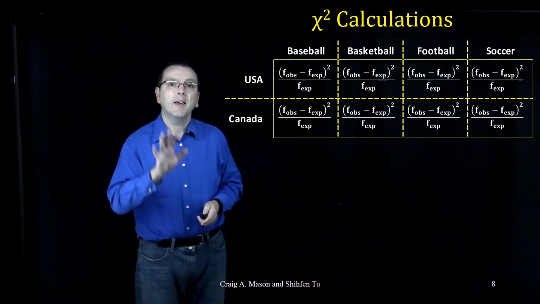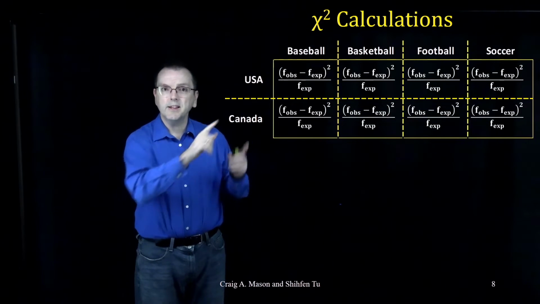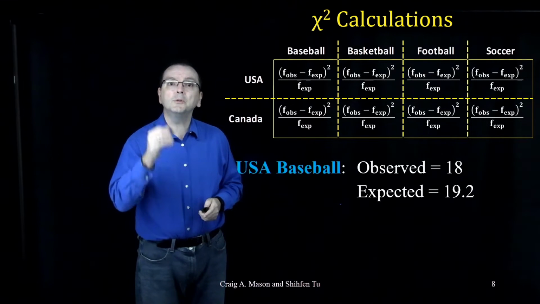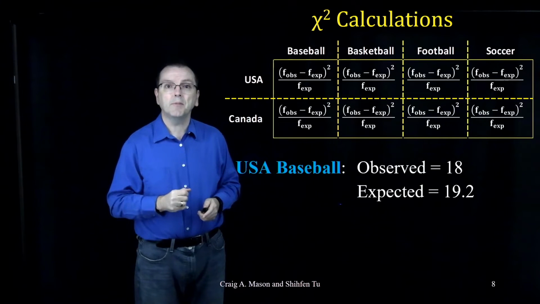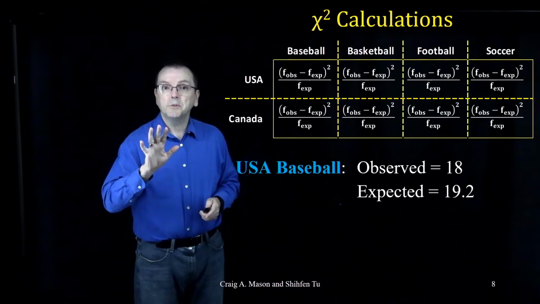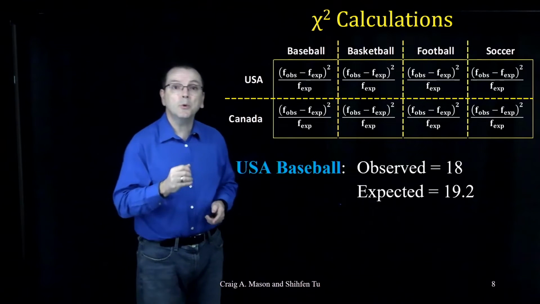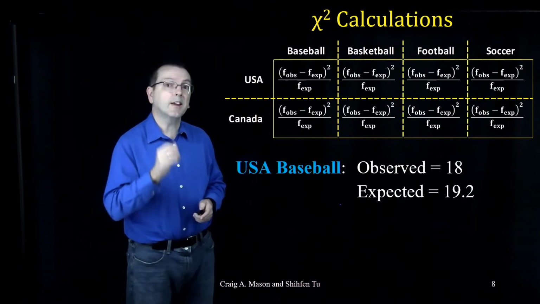All right? And we'll start with this first cell in the first row, those in the US whose favorite sport is baseball. We observed 18 people, but expected 19.2 if sports and nationality are independent.